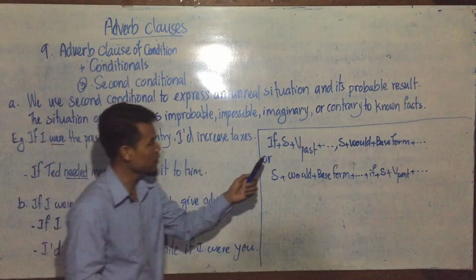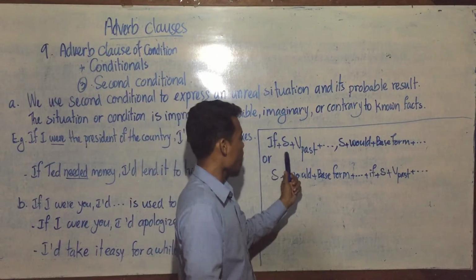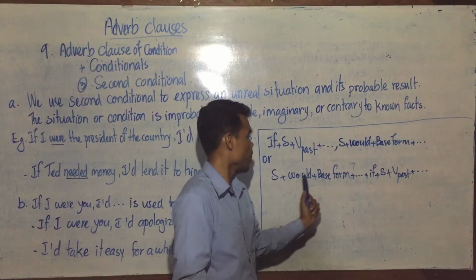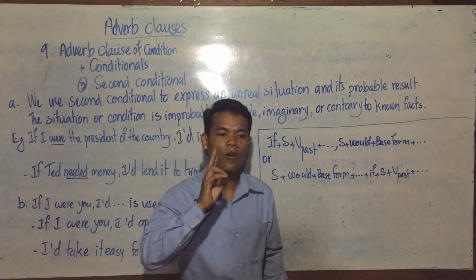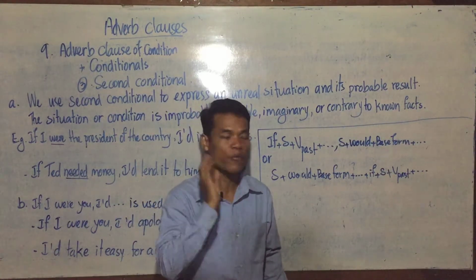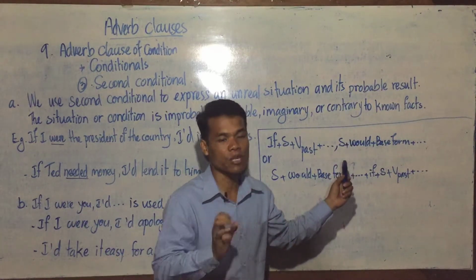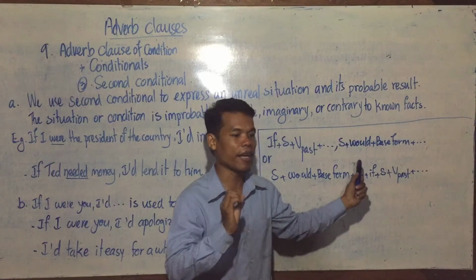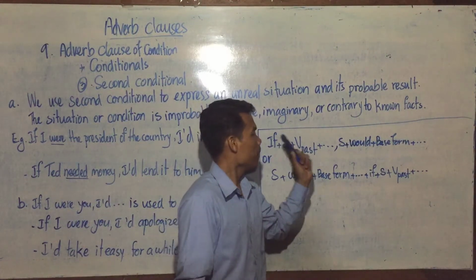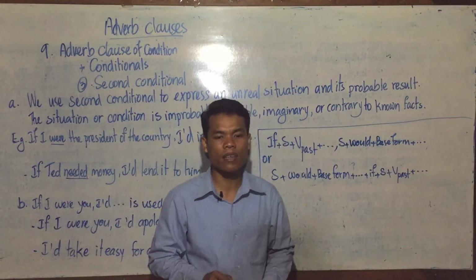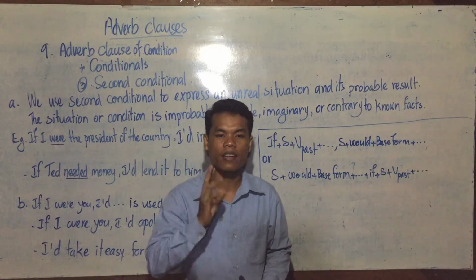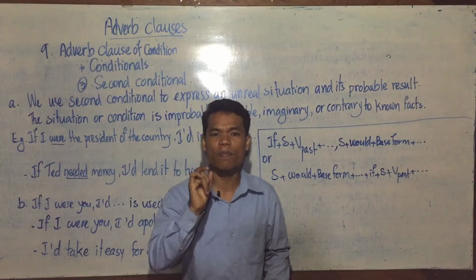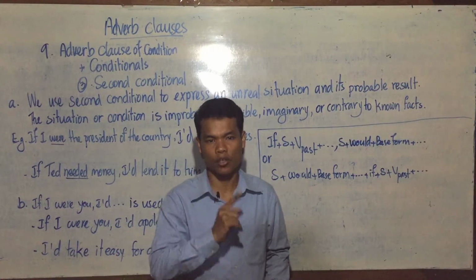And one more thing, for each form you see the word would like this. Actually, for the form of the second conditional, we have other modal auxiliary verbs like could and might. But when talking about conditional, especially second conditional, the first thing you have to know is that in our main clause we use would.